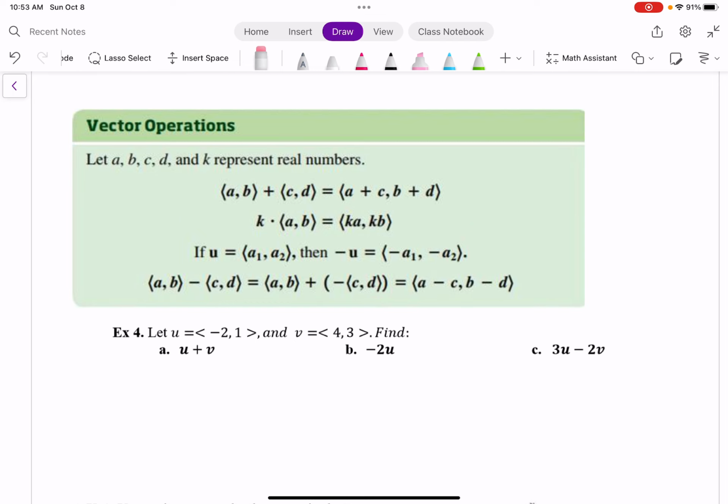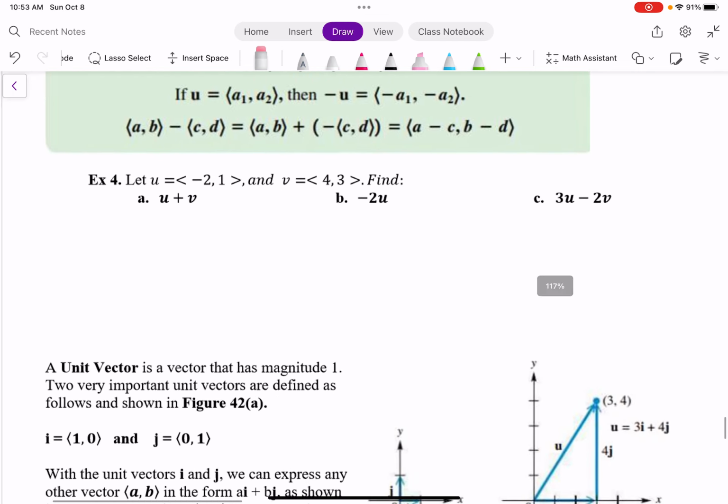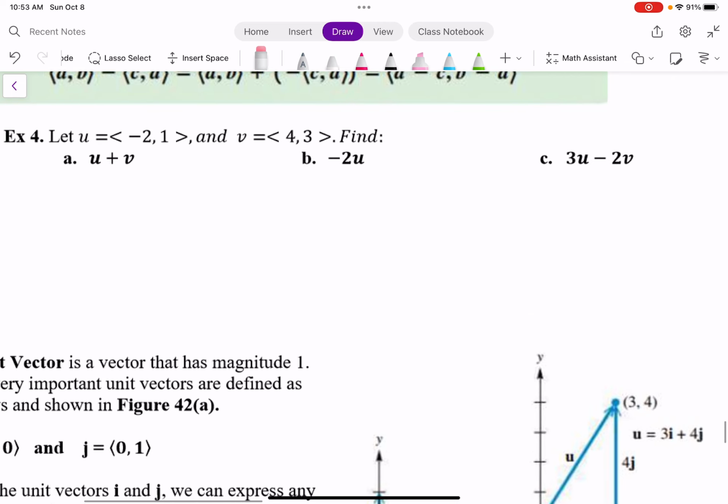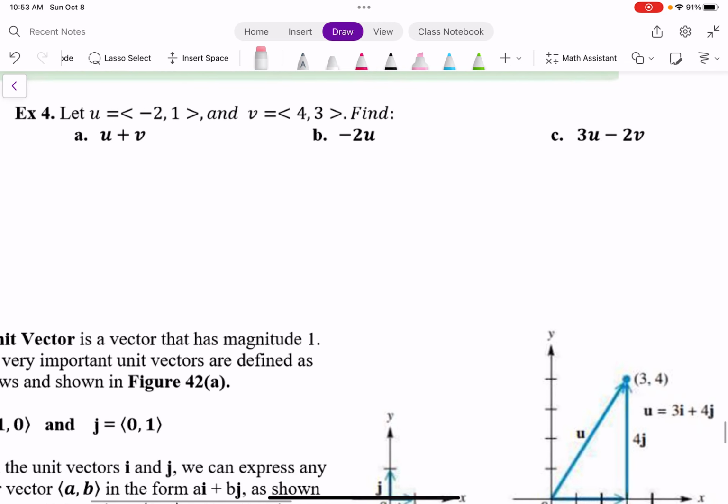Okay, let's see the first example. Example 4. Let u equals -2, 1, v equals 4, 3. Find u plus v. The first horizontal component plus the horizontal component: -2 plus 4, and y plus y: 1 plus 3. I'm having 2, 4.